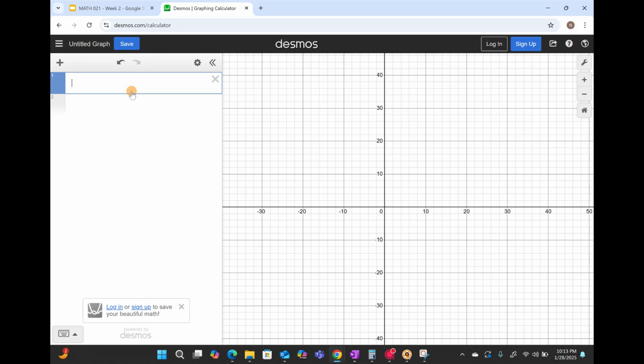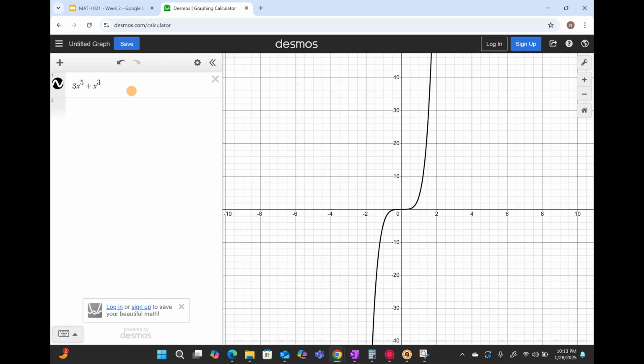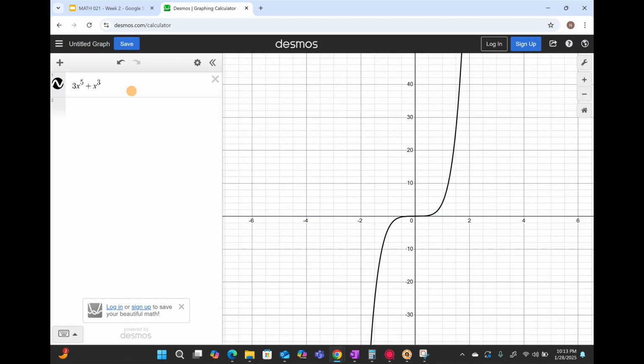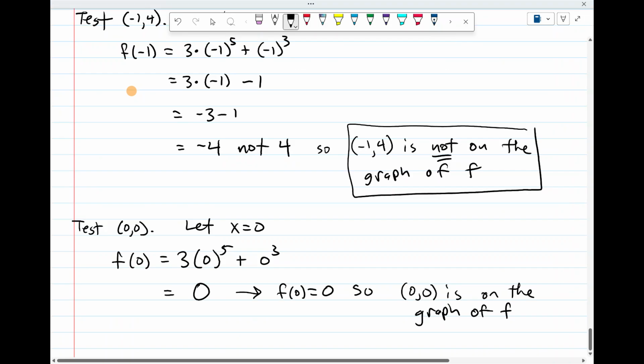So we're going to do x to the fifth. No, that wasn't it. It was 3x to the fifth. Oh, that's why. 3x to the fifth plus x to the third. I'm going to zoom this out so you can see more easily what the graph looks like.